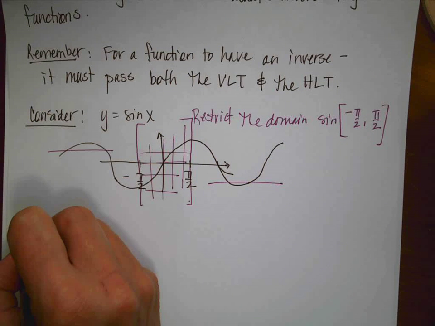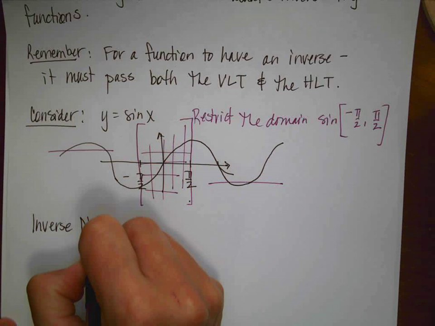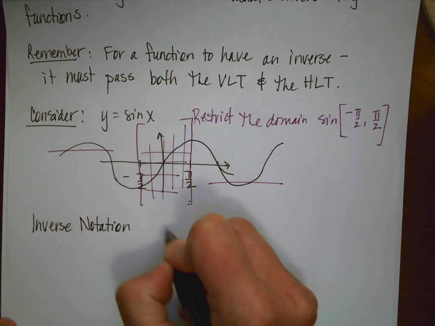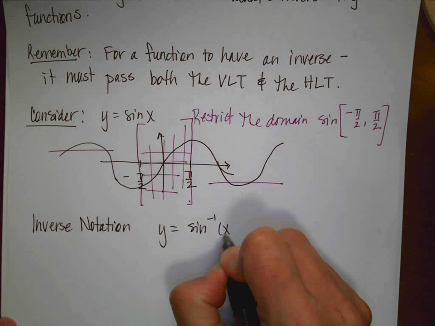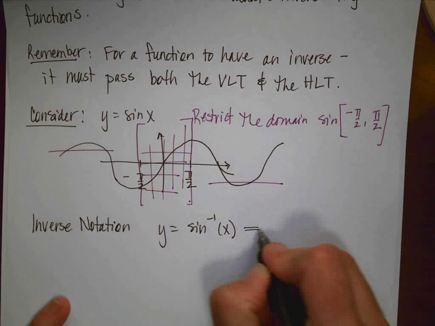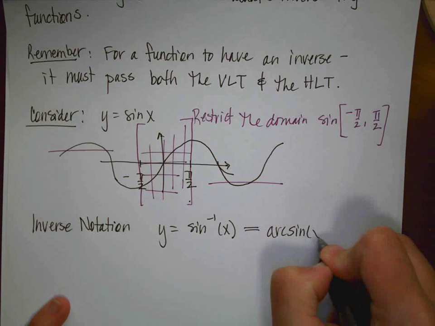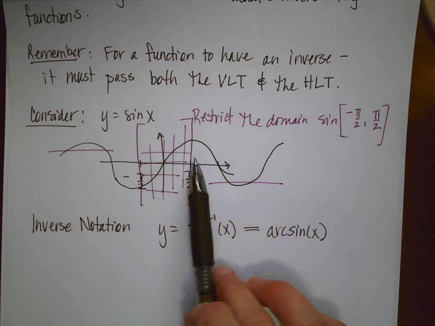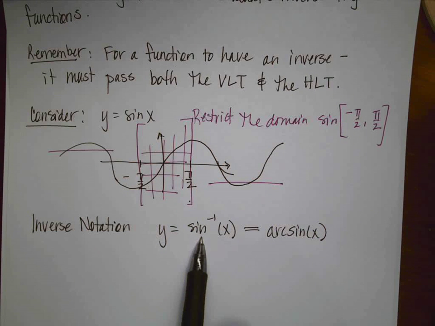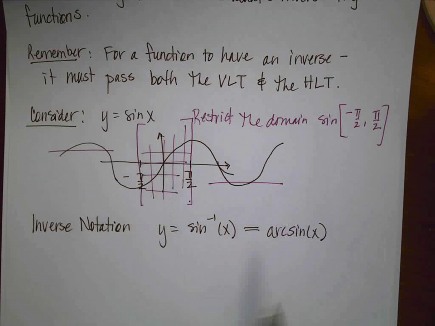So if I want to do the inverse of sine, this is also going to be the same thing as the arc sine of x. Okay, so by restricting the domain, I made the inverse possible because it passed both the vertical and the horizontal line tests.